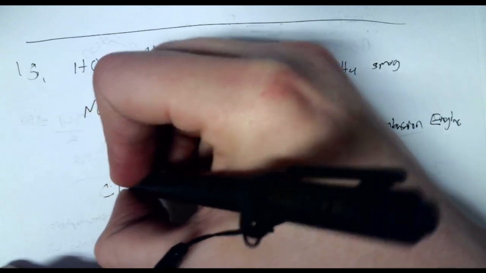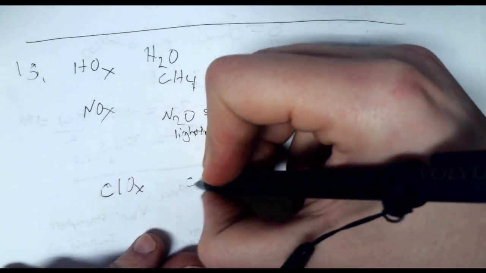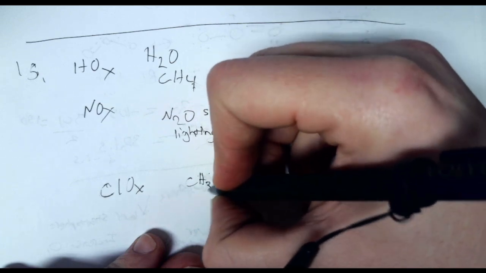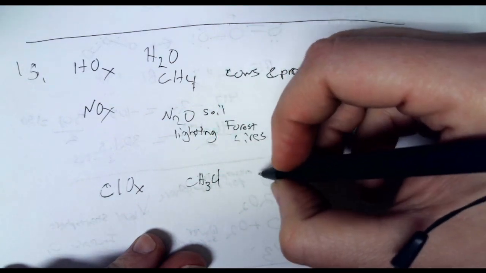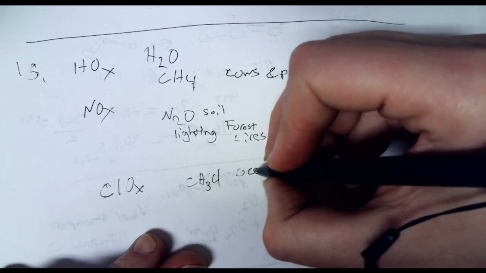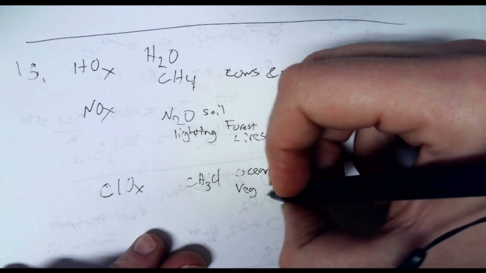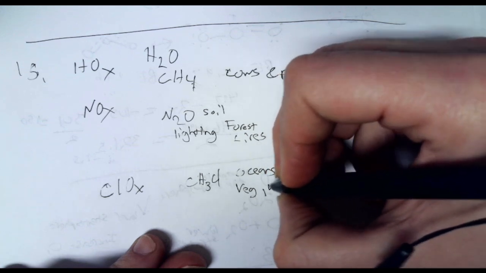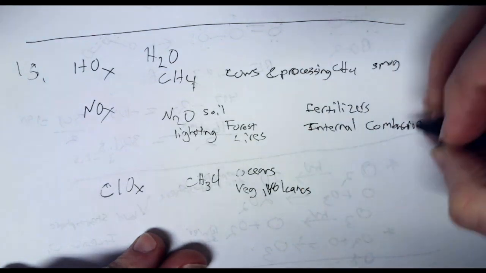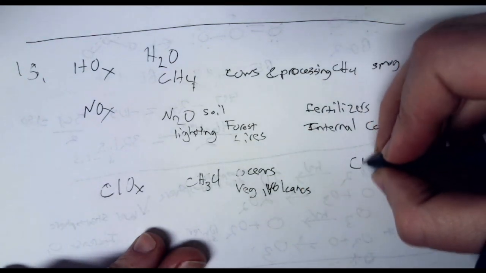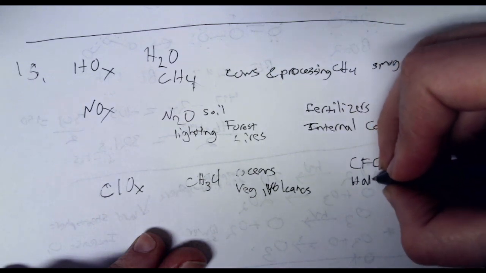Now, for our ClOx, those are going to come from chloroform or the chlorocarbons, which can come from oceans and vegetative decomposition and from volcanoes. Well, the main human version of this is from CFCs and haloforms.